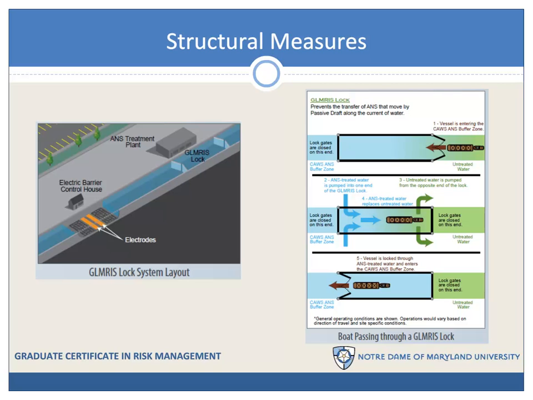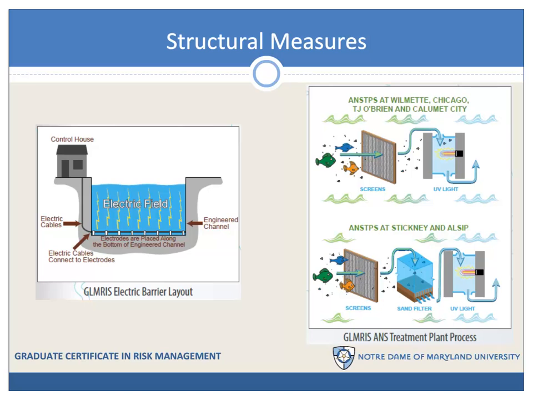So a Glimmerous Lock would be an example of a structural measure, something that would take substantial construction effort and expense. It's the risk manager's job to assure that the risk analysis team or the risk management team thinks as comprehensively about the number of solutions as they possibly can.